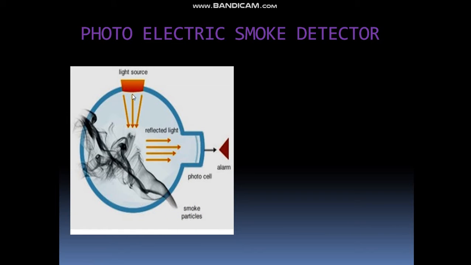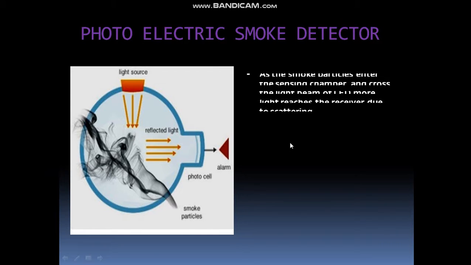So when the smoke particles cross the LED source, the light rays coming from the source get scattered by the smoke particles, and the scattered light is also received by the photocell.